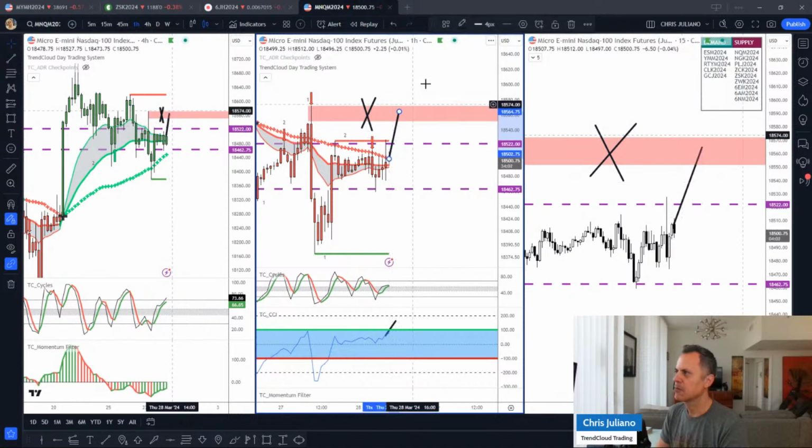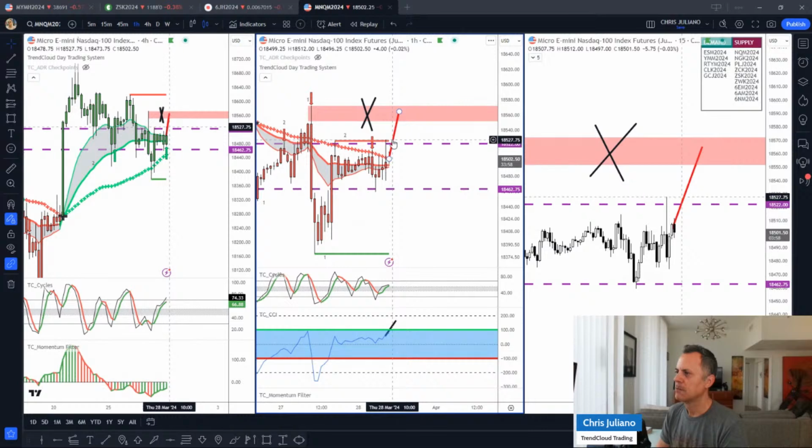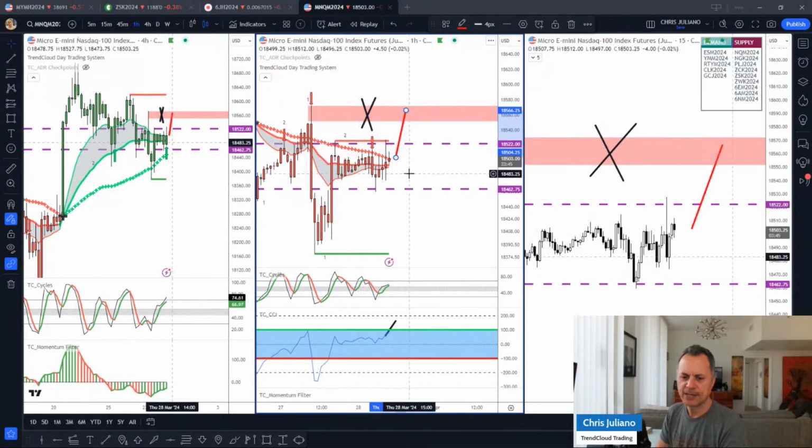You'll also be fighting against the fact that price here, right? Let's say this is a red candle. Price is going to be above your TrendCloud system. We don't want that. We don't want to take trades when price is above your TrendCloud system.